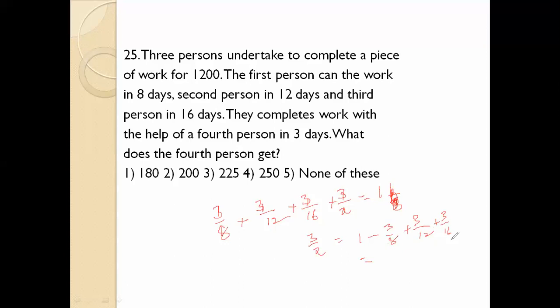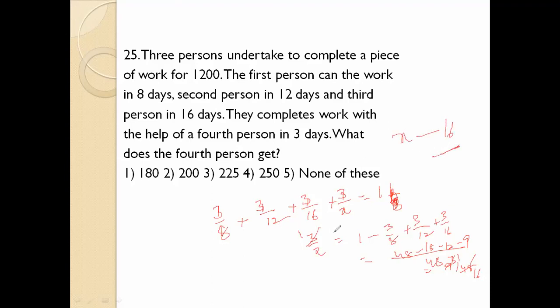So 16 twos are 32, 16 threes are 48. 48 is divisible by all these numbers. 48 minus: 8 sixes are 48, 3 sixes are 18. 12 fours are 48, 12 fours 3 is 12. 16 threes are 48, 3 threes are 9. 30 plus 9 is 39. 48 minus 39 means 9. 9 by 48, dividing by 3, 3 ones are 3, 3 sixteens are 48, so 1 by x equals 1 by 16, so x equals 16.